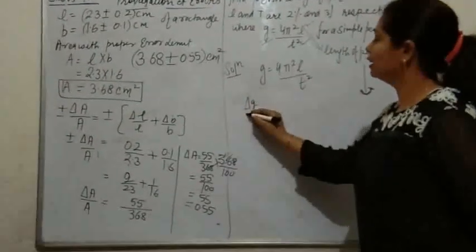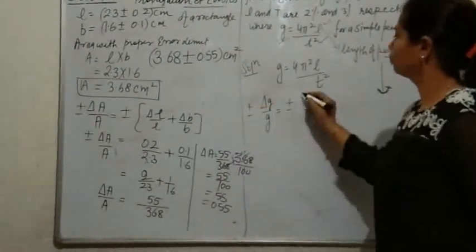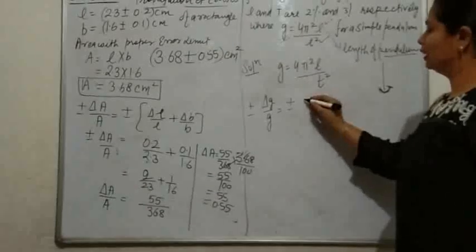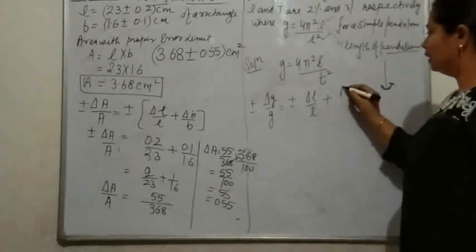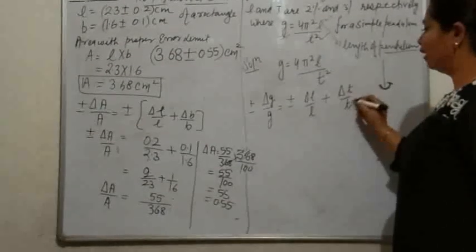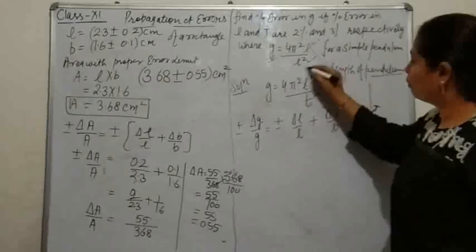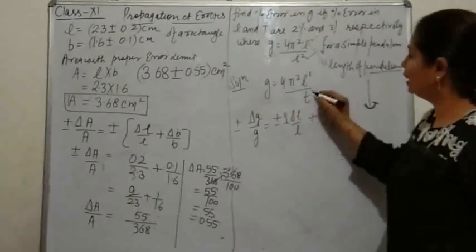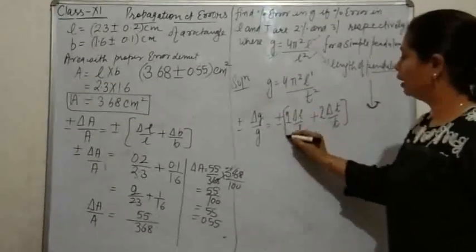That fractional error in the result is equal to plus minus error in first, delta L by L, plus error in second, delta T by T. And we have learnt in our previous derivation that if it is having power 1, it will have 1 as coefficient. If it is having power 2, it will have 2 as a coefficient. So it will be like this.